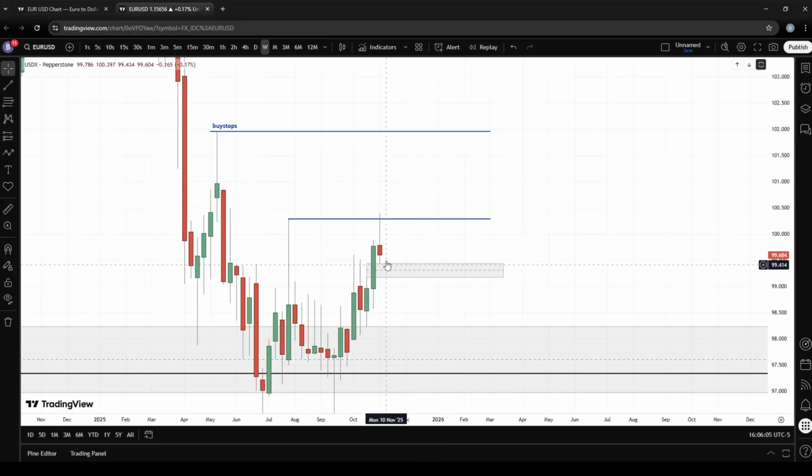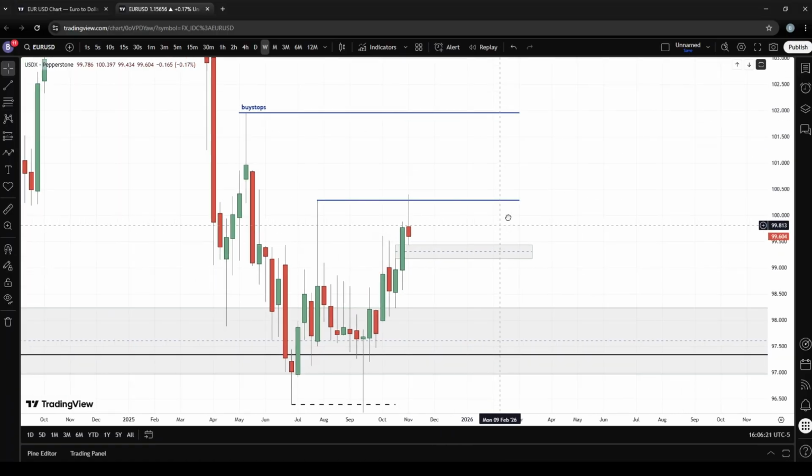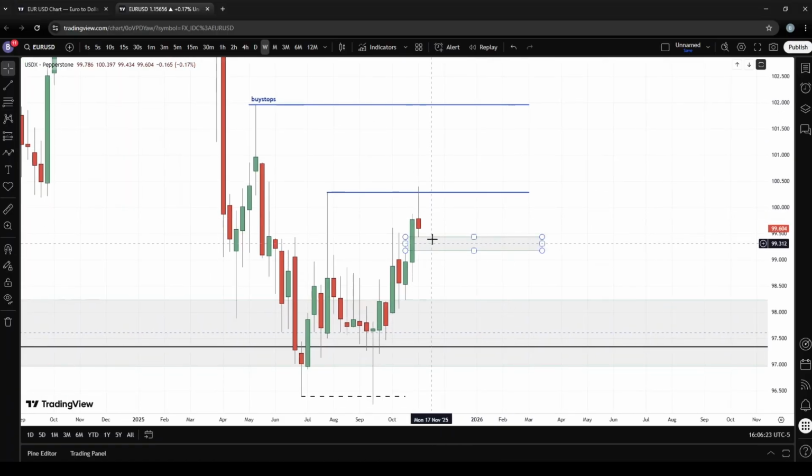Price will come, fill partially or completely fill this gap, then set for higher prices.